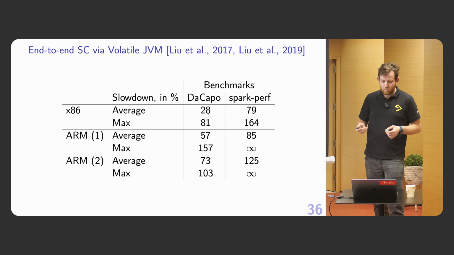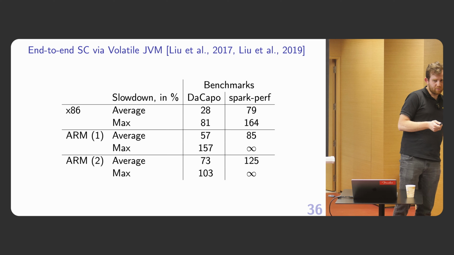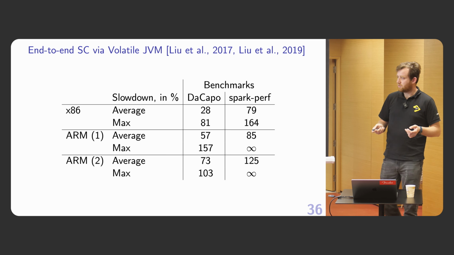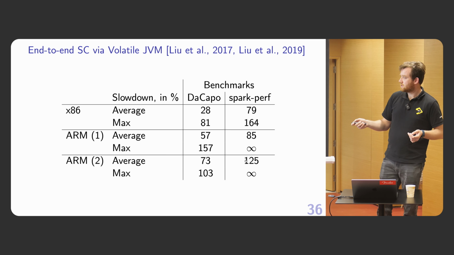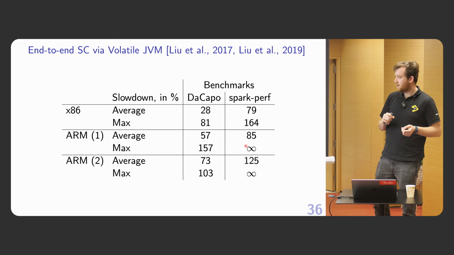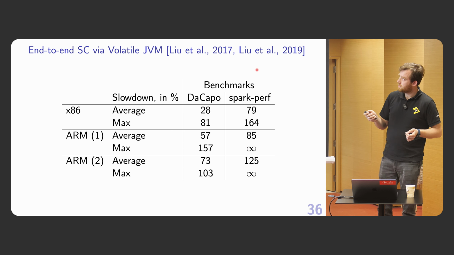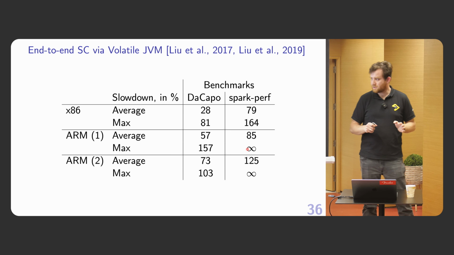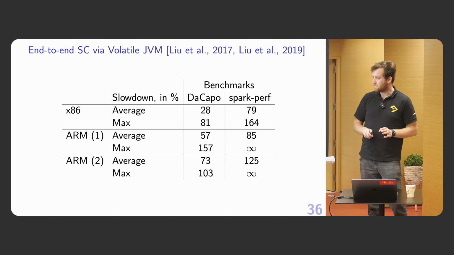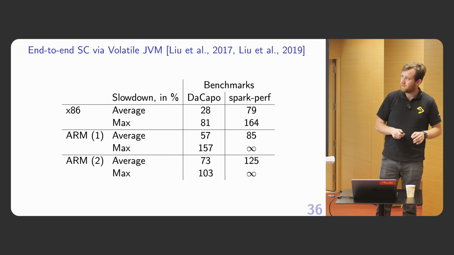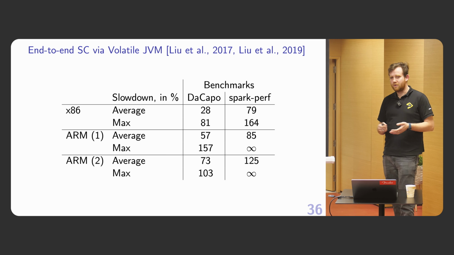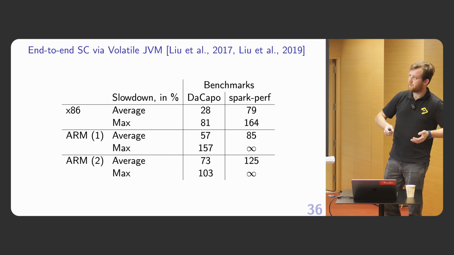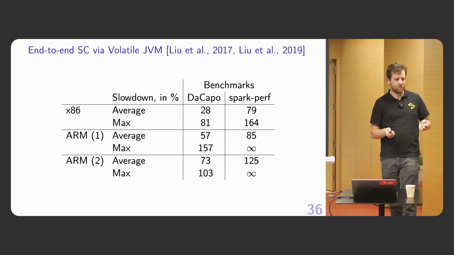If we go with ARM, which has a weaker memory model, which allows more behaviors, the slowdown is much more. Here I even have infinity, because in the paper the authors stated something like 5,000% slowdown. So it was very big. As you can see, enforcing sequential consistency in real life for most applications is undesirable because it's too much slowdown.